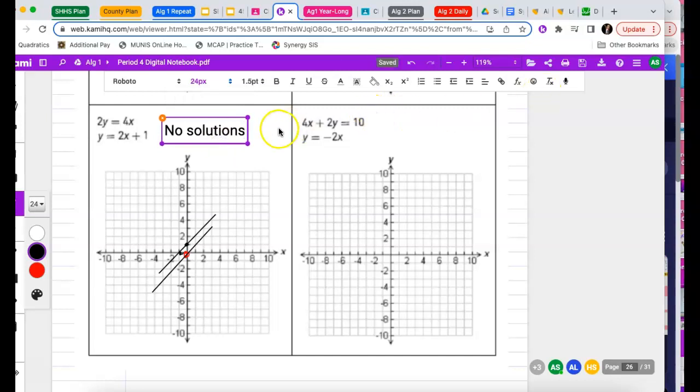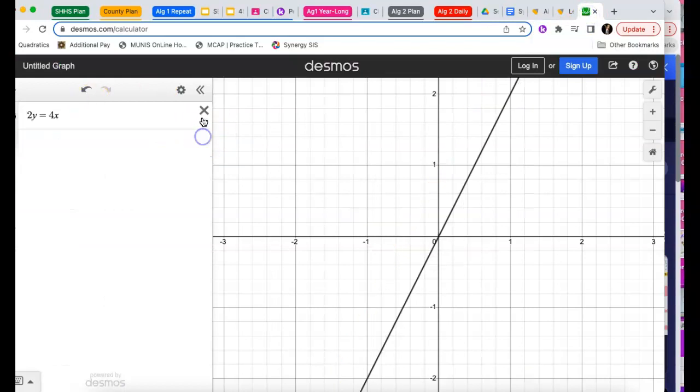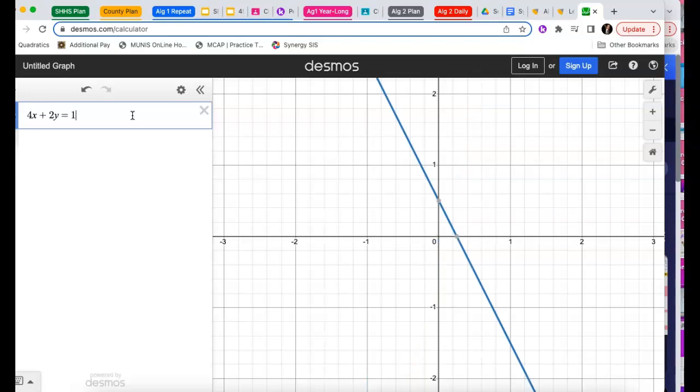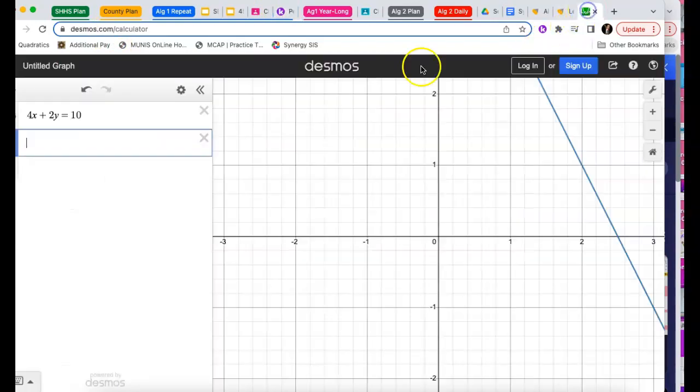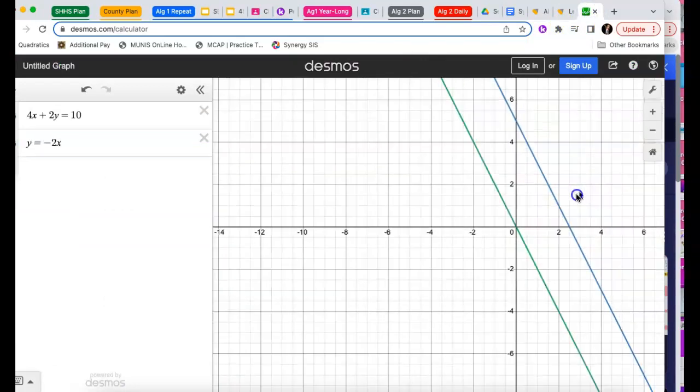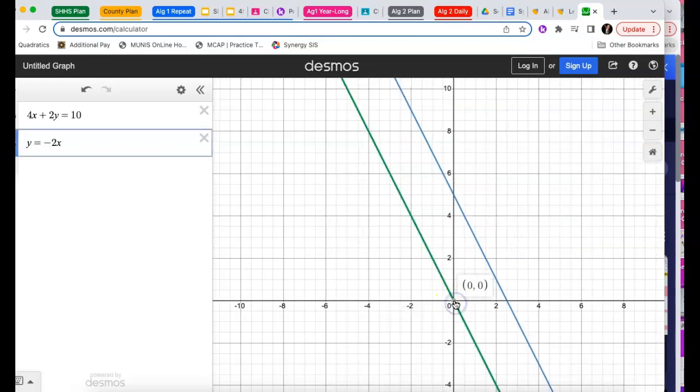All right, we've got one more example. We're going to graph the first equation, 4x plus 2y equals 10. And the second equation, y equals -2x. Again, we can zoom it out and we see that they have no intersection points.